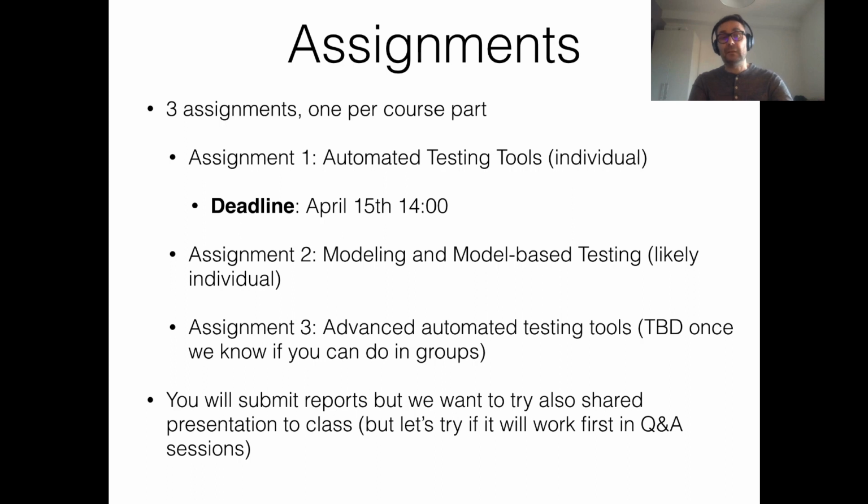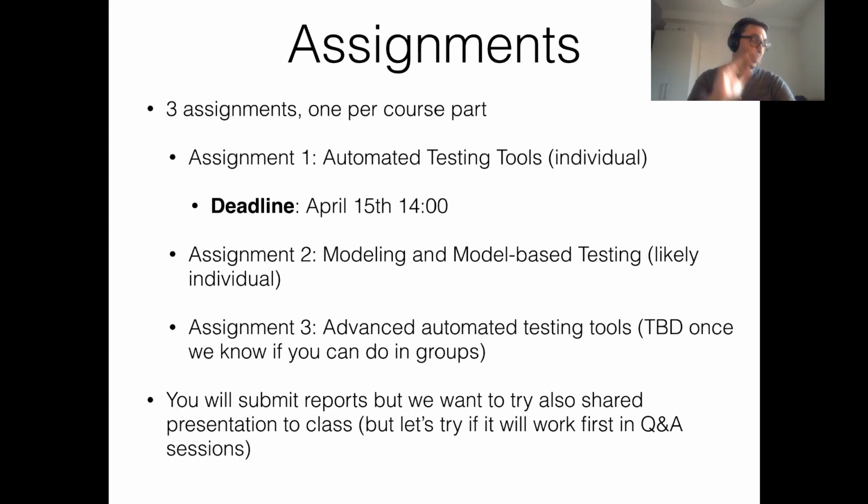There will be 3 assignments, basically 1 per part. Assignment 1 is going to be on automated testing tools. It's an individual assignment, and the deadline is right after the re-exam period, after Easter, so April 15th.